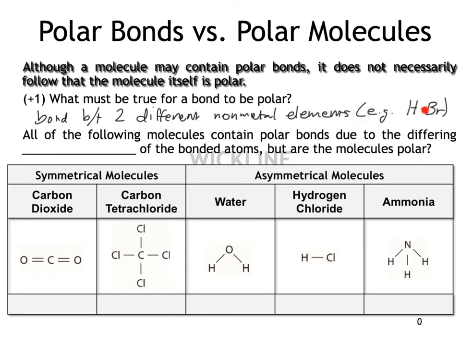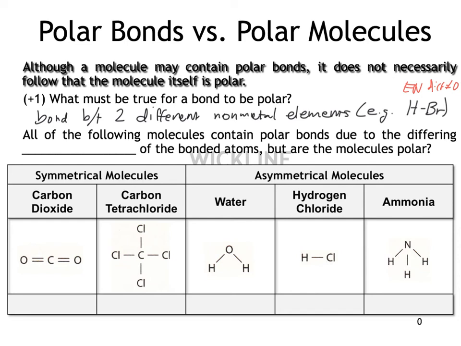The bond right here between the H and the Br would have to be polar because Br and H are different elements, and therefore they have different electronegativities, and their electronegativity difference would not be zero. And if the electronegativity difference is not zero, then that's a polar bond.